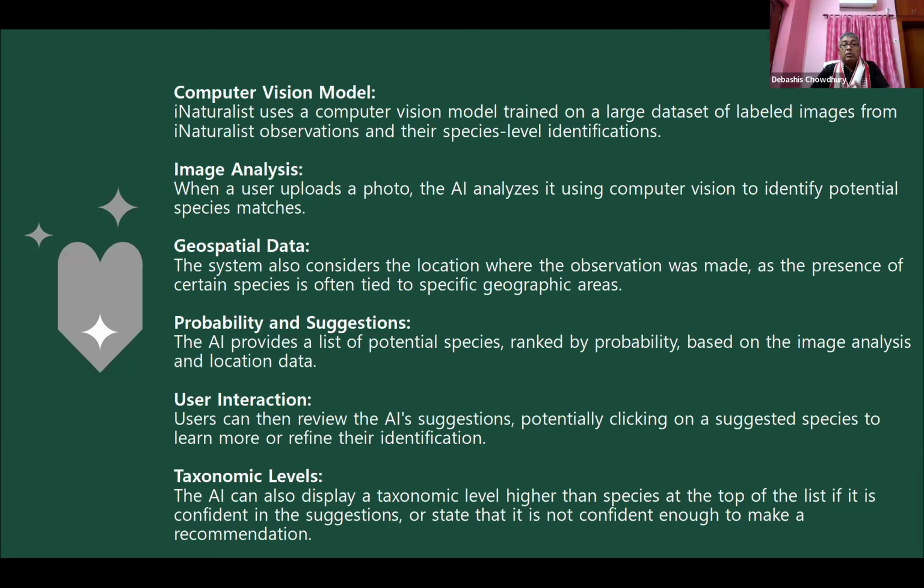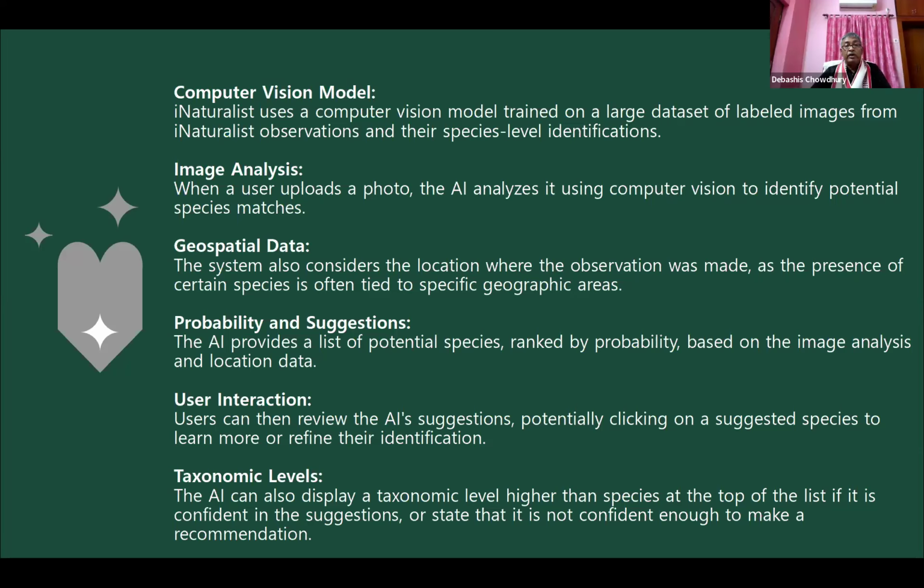For example, one white-tailed bird, a black and white bird. There are plenty of observations, so the computer vision model is trained on these labeled images for providing AI suggestions.